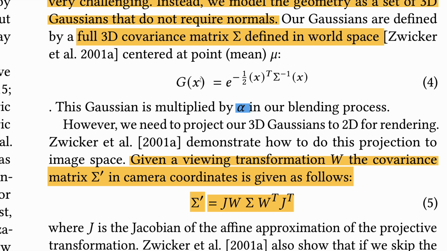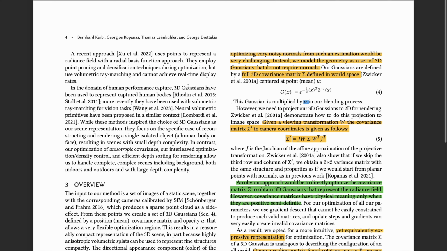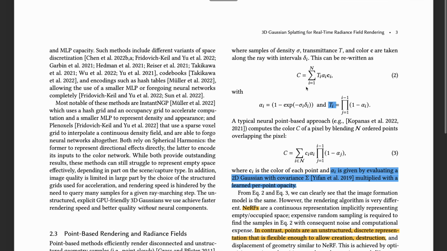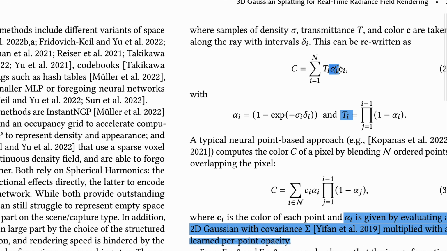So basically what does that mean? That means that this density is very big at the center of the Gaussian, and when you get away from the center of the Gaussian it becomes a bit more transparent, okay? So you have this Gaussian kernel multiplied by the opacity. The opacity is a constant, it's per Gaussian, it's learned, and that will give you the value alpha_i.